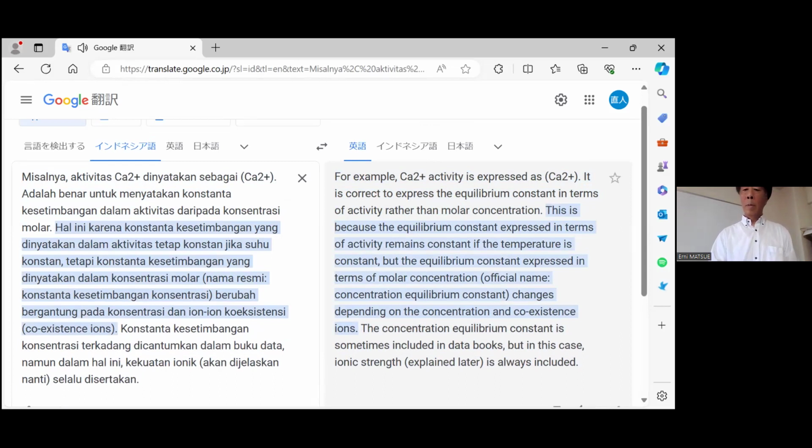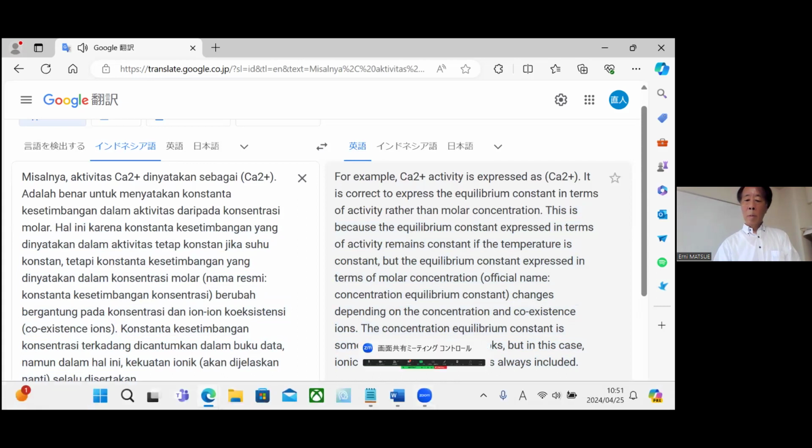But the equilibrium constant expressed in terms of molar concentration, officially called the concentration equilibrium constant, changes depending on the concentration and coexisting ions. The concentration equilibrium constant is sometimes included in data books, but in this case, ionic strength, explained later, is always included.